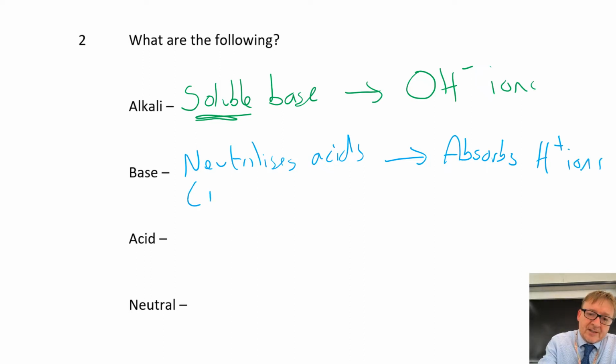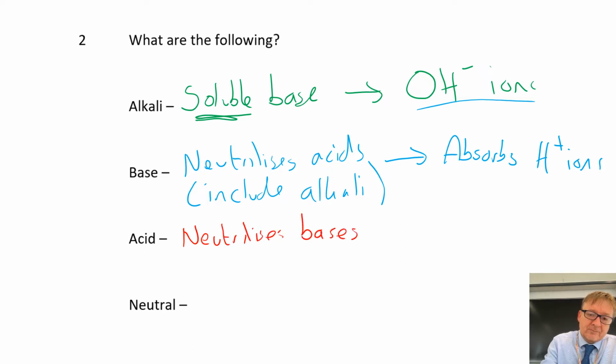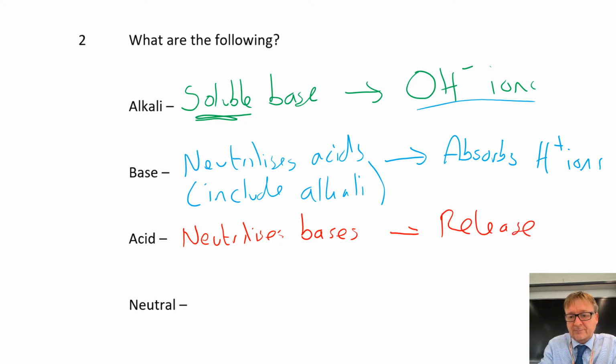And bases include alkalis. Alkalis produce OH minus ions, which then combine with H plus ions to make water. A base neutralizes acids, but they don't necessarily have to be an alkali. An acid neutralizes bases, and the way that it does that is it releases H plus ions.